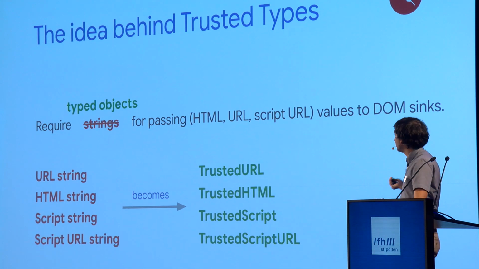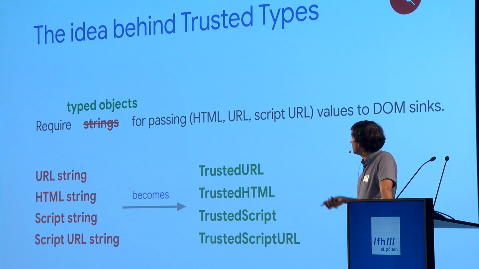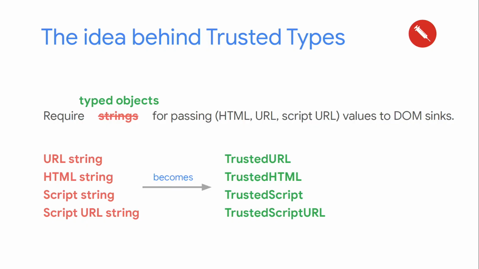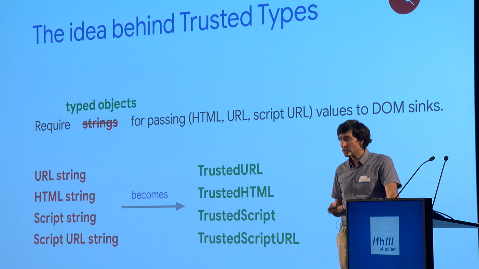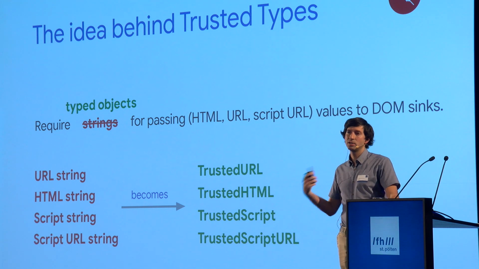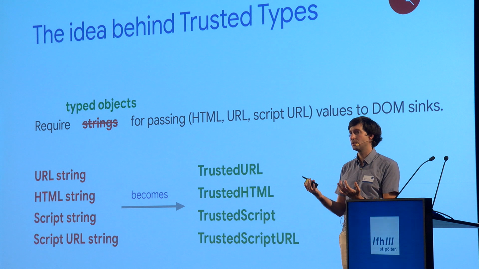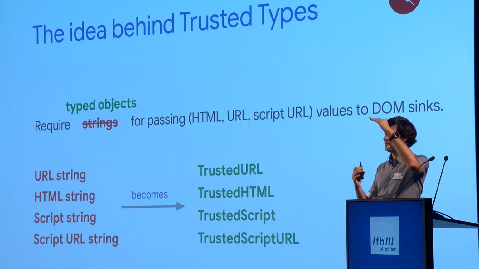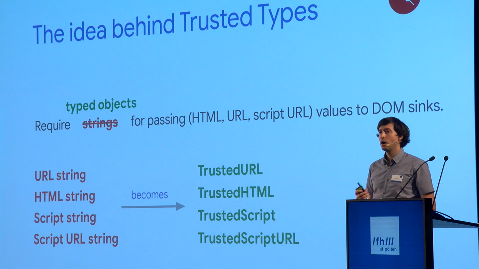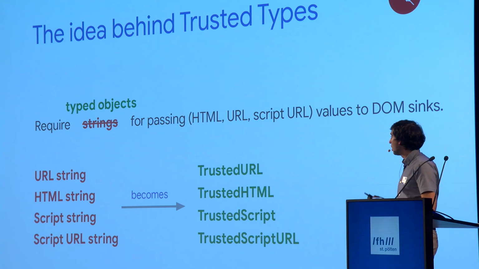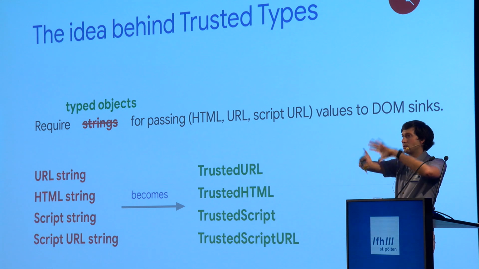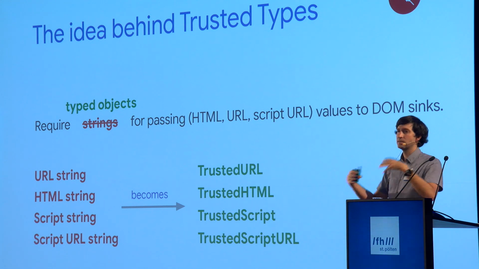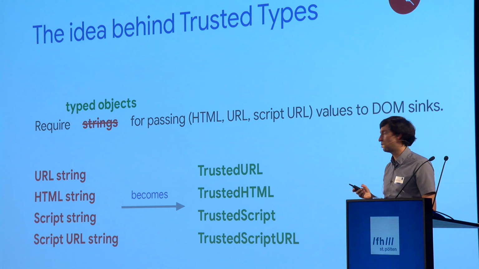So the basic idea is very simple. If you enable trusted types, the browser stops accepting strings for these things. For example, if you want to use innerHTML, instead of a string, you have to pass a TrustedHTML object. And the important thing is, to create a TrustedHTML object, you need to define a policy function in JavaScript. This policy function has all the security-critical code in it, and that needs to be reviewed by a security reviewer. But the nice thing is, it moves security, sanitization and escaping, etc., into a single place in the code, right?